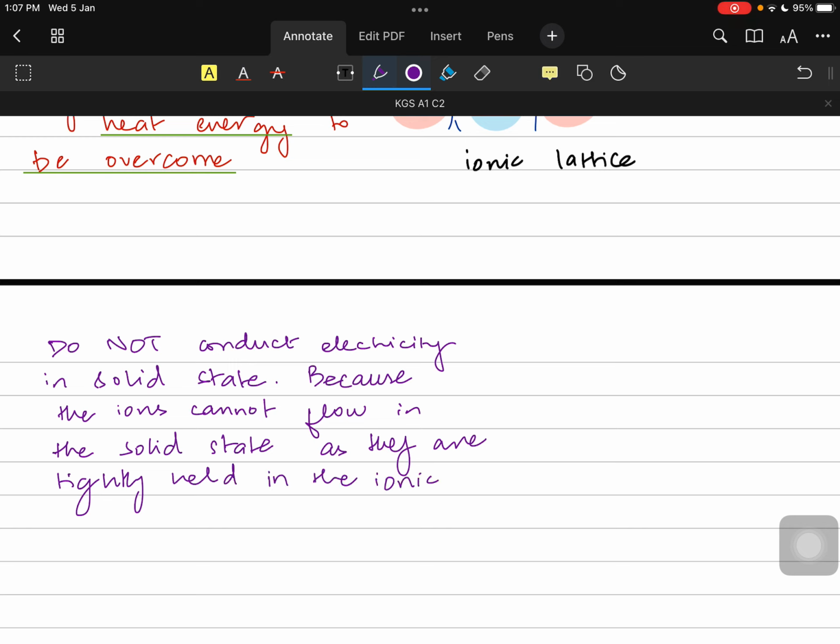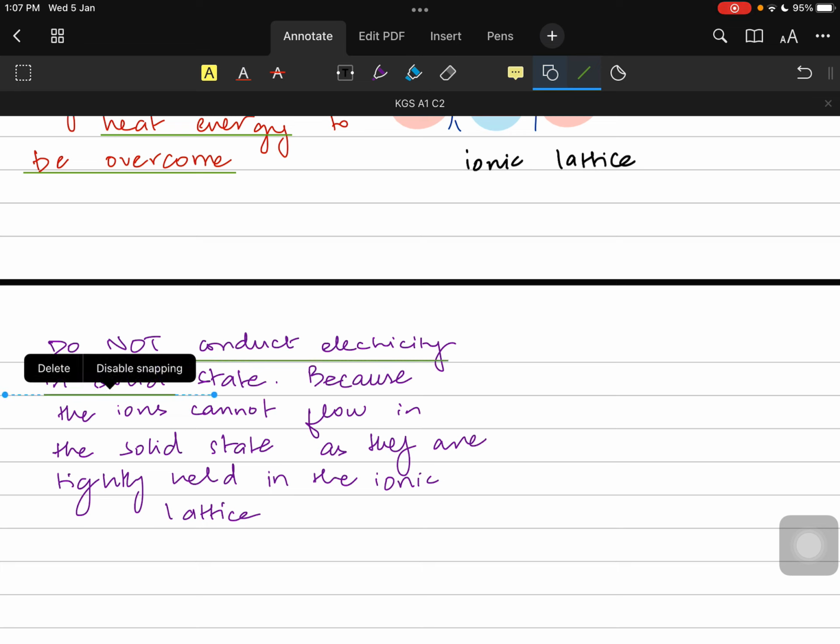So within the solid state, they have a tightly packed ionic lattice. They cannot move. So that is why they do not conduct electricity in the solid state, because the ions cannot flow as they are tightly held in the ionic lattice. But in the liquid state they can flow.